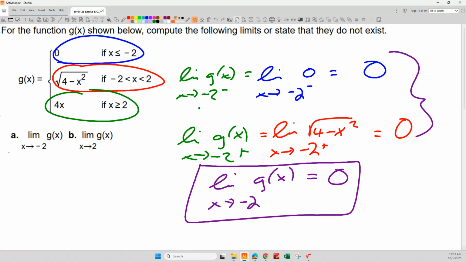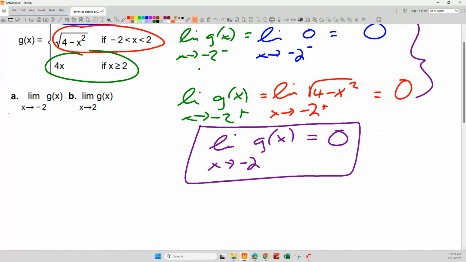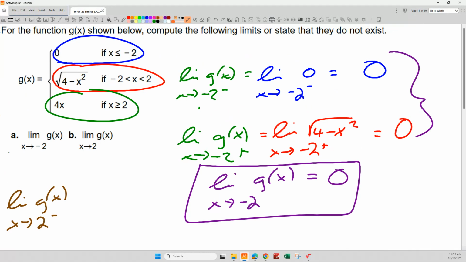Okay, so as x approaches 2, let's try this one. So the limit of g of x as x approaches positive 2 from the left, which domain am I in? Red, blue, red, or green? Red, right? Everybody agree?